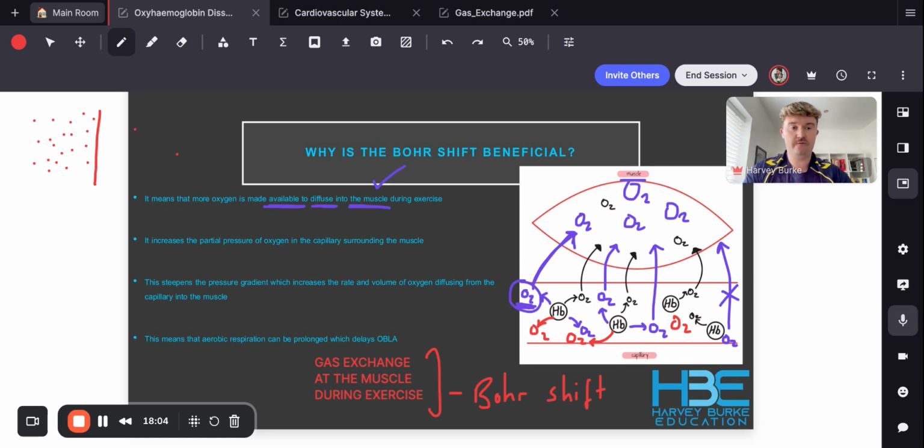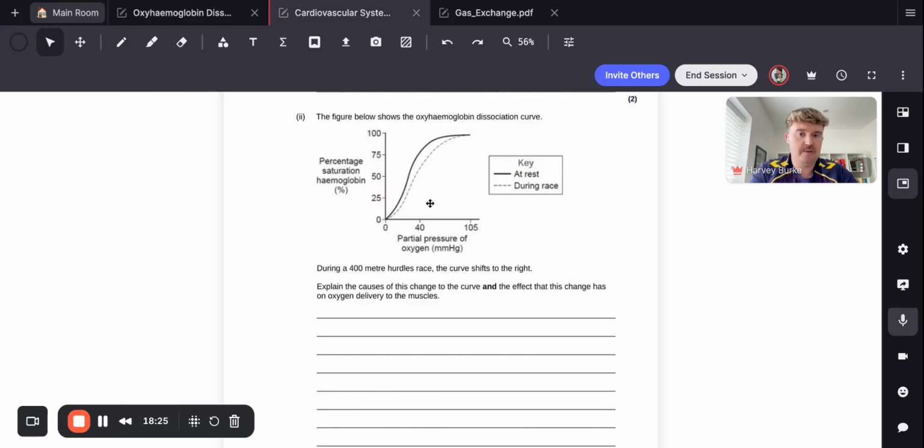So just be aware, for OCR students, sometimes they're not as direct as AQA in asking about the Bohr shift. So if you do get a gas exchange at the muscle during exercise question, throw in your knowledge about the Bohr shift.